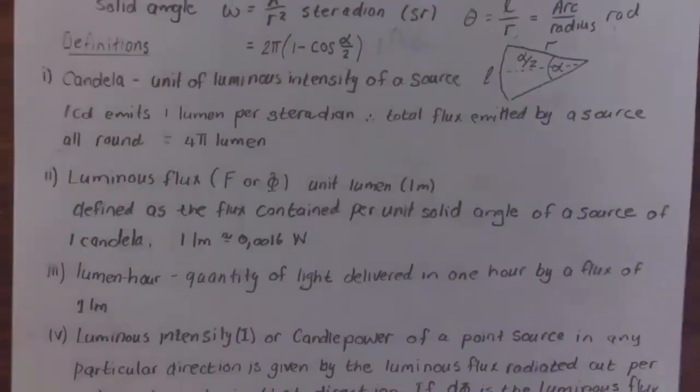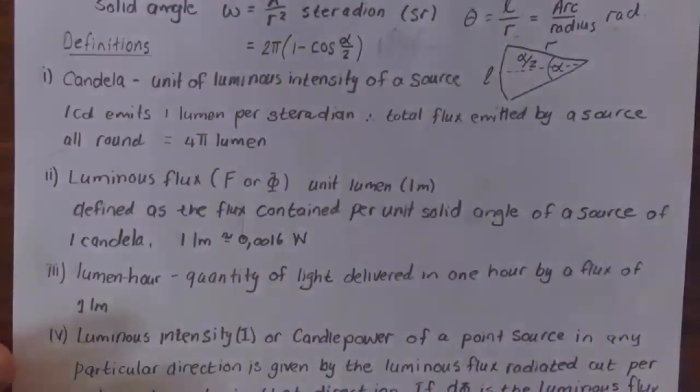Then the next definition is candela. That is the unit of illumination intensity of a source. One candela emits 1 lumen per steradian. Therefore, the total flux emitted by the source all round is 4 pi lumen.